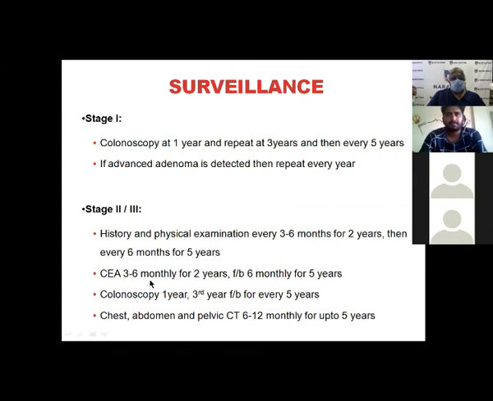CEA every 3 to 6 months for 2 years, then every 6 months for 5 years. Colonoscopy at 1 year, 3 years, and every 5 years. Chest, abdomen, and pelvic CT half yearly to yearly for up to 5 years. This is the surveillance protocol.